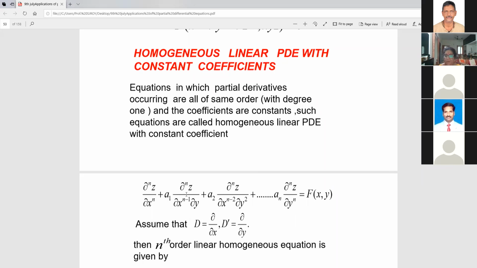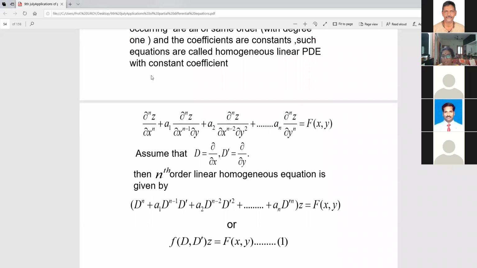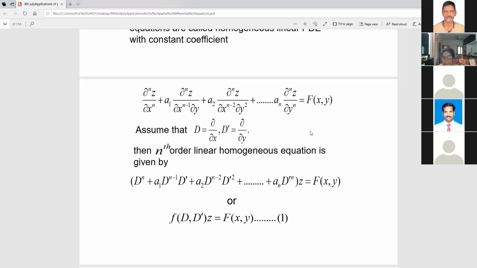Whatever equation you have, second order or third order, you can simply write it as a general one like this: function of D and D dash into z equal to whatever right hand side they are giving. This is very important.